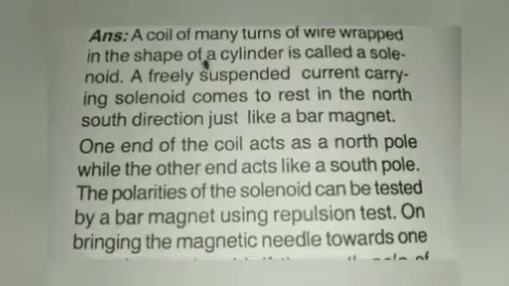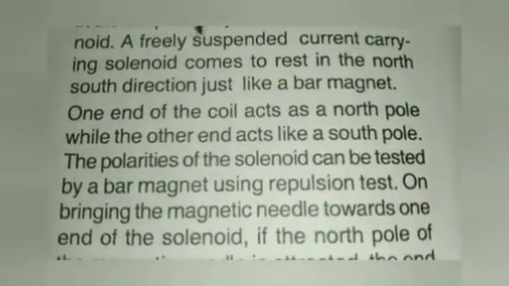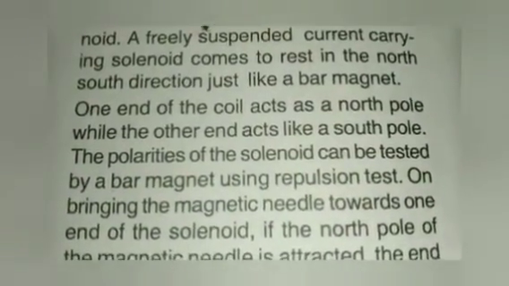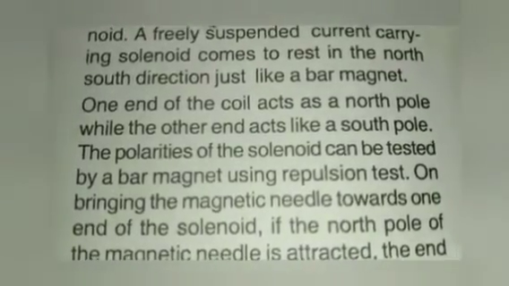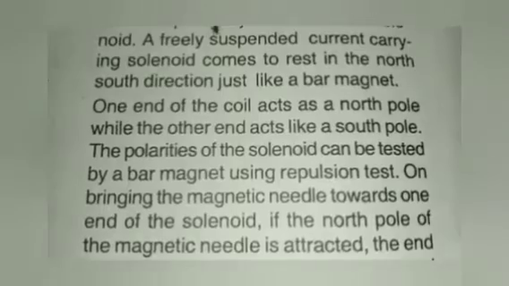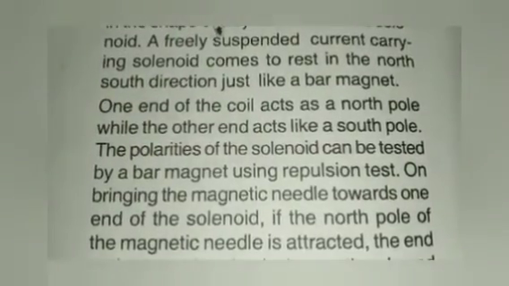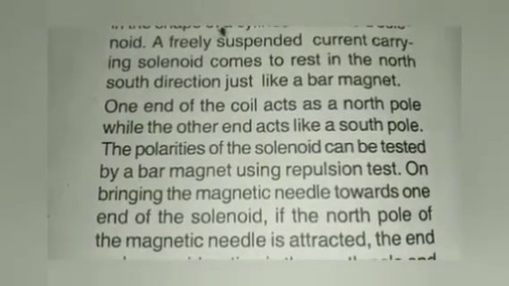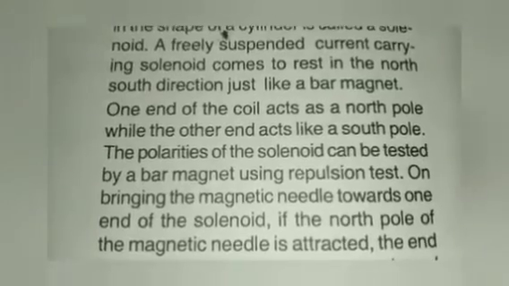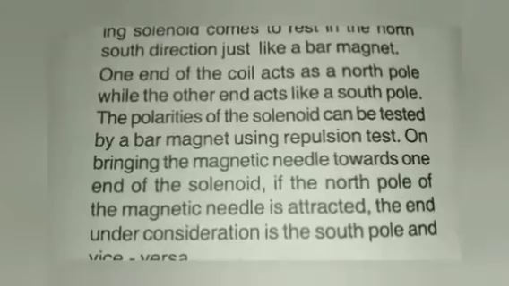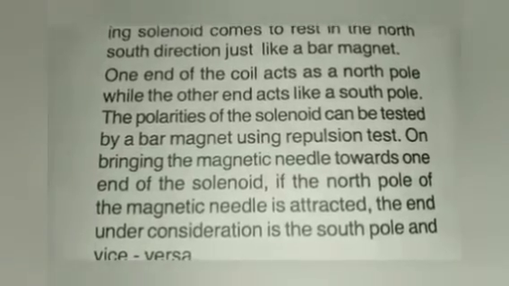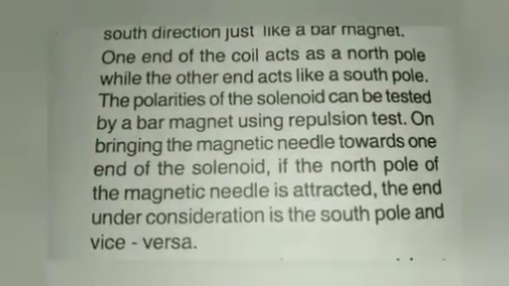The polarities of the solenoid can be tested by a bar magnet using repulsion test. On bringing the magnetic needle towards one end of the solenoid, if the north pole of the magnetic needle is attracted, the end under consideration is the south pole and vice versa.